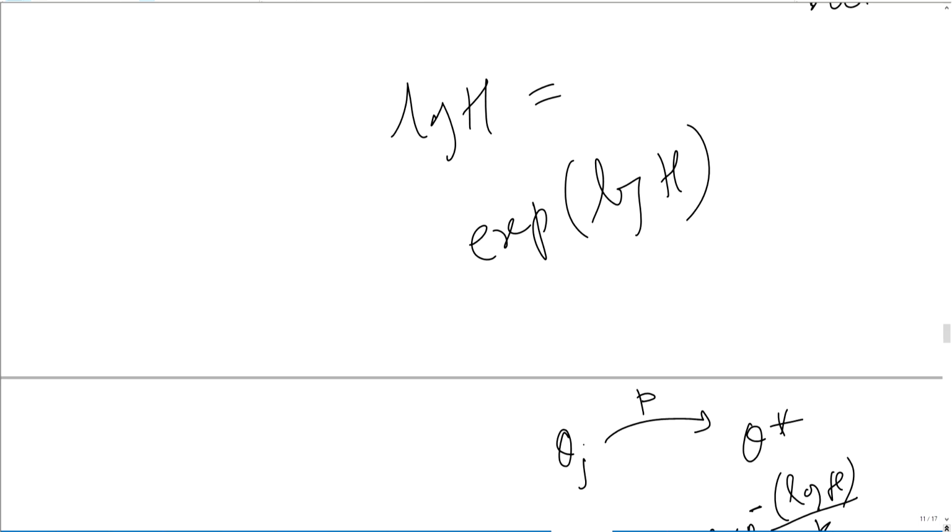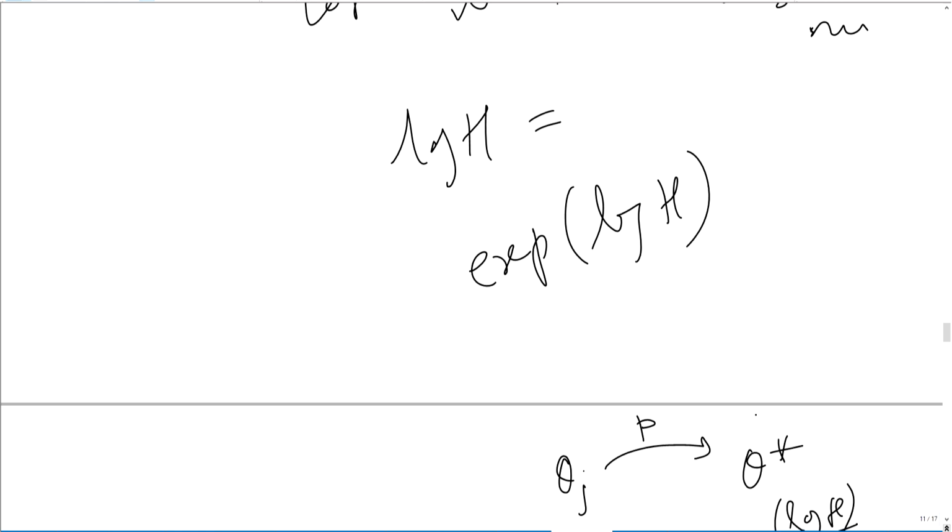If log h is negative, that would mean that the current state is in a higher posterior density region. If log h is positive, that would mean the proposal is in a higher posterior density region. So, if log h is positive, you would always accept the proposal.